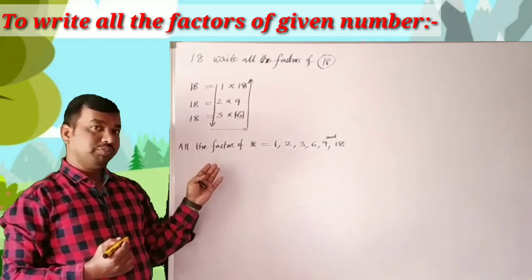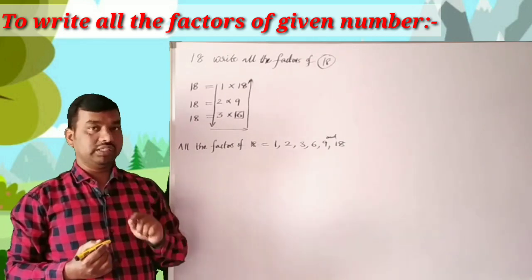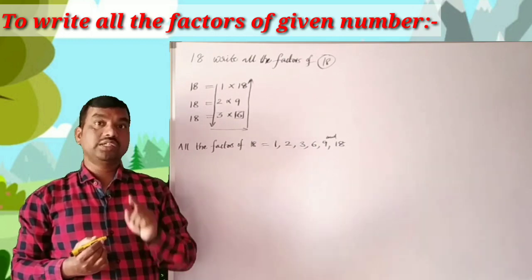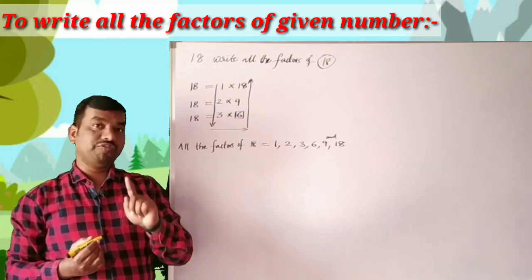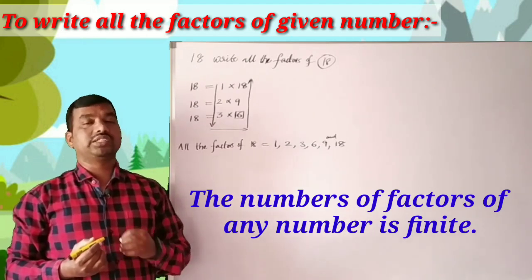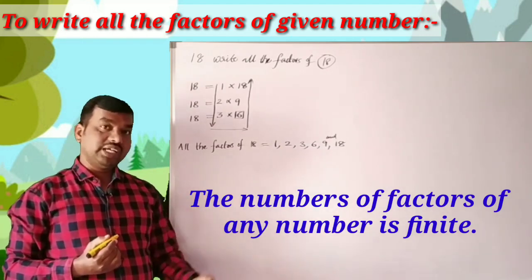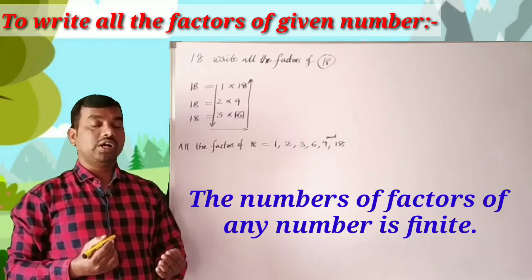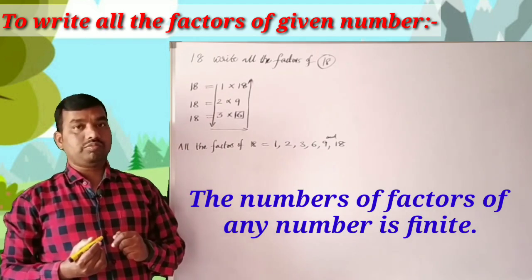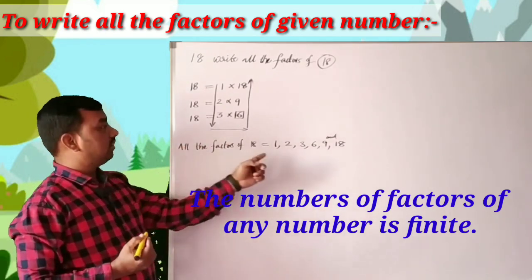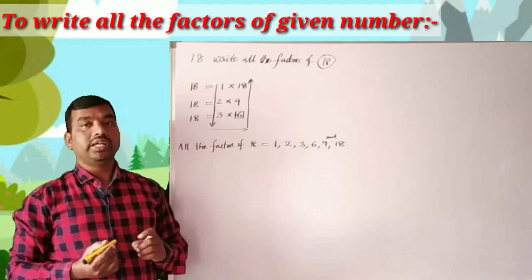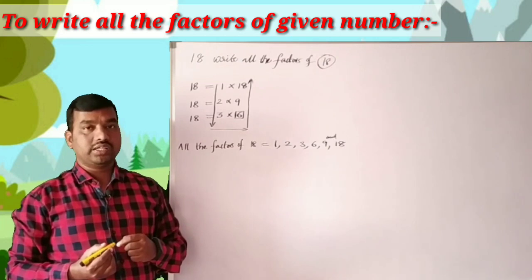From these we can say one thing: the number of factors is finite, not infinite. Finite means we can say how many factors the given number has. Here 18 has 6 factors.